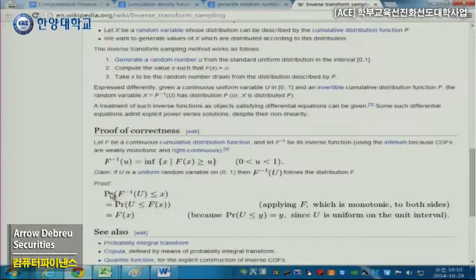So the probability that F inverse of U is less than x.